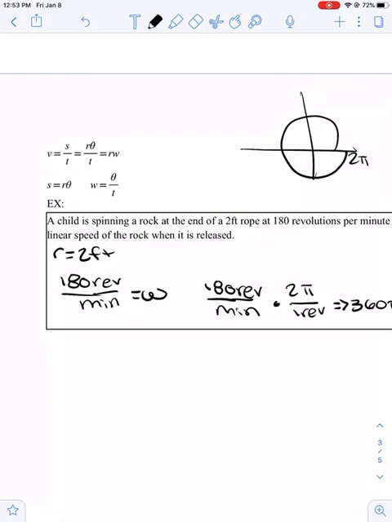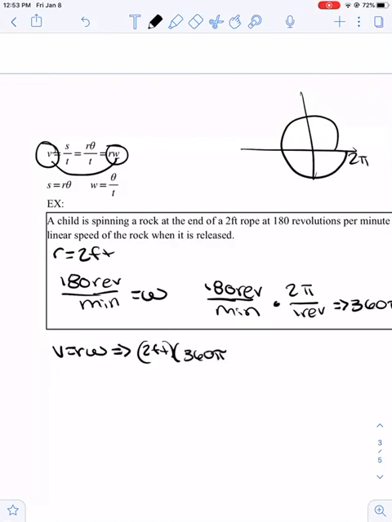Okay, now we can solve for our linear speed. We're looking for v, we have an r, and we have a w. So we're going to use the formula v equals r times w. If we plug this in, we get 2 feet times our 360 pi radians per minute.